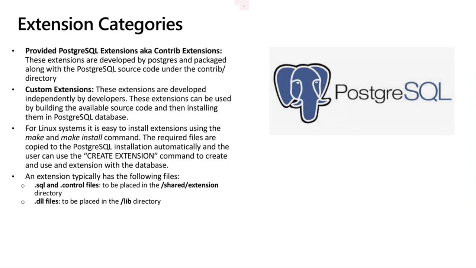There's a couple of files that every extension typically has. There are SQL and control files that, once you install it, are placed in the shared extension directory under Postgres. And there are DLL files that have to be placed in a lib directory because, as we stated, these extensions run in process. So these are dynamic link libraries that run in process.